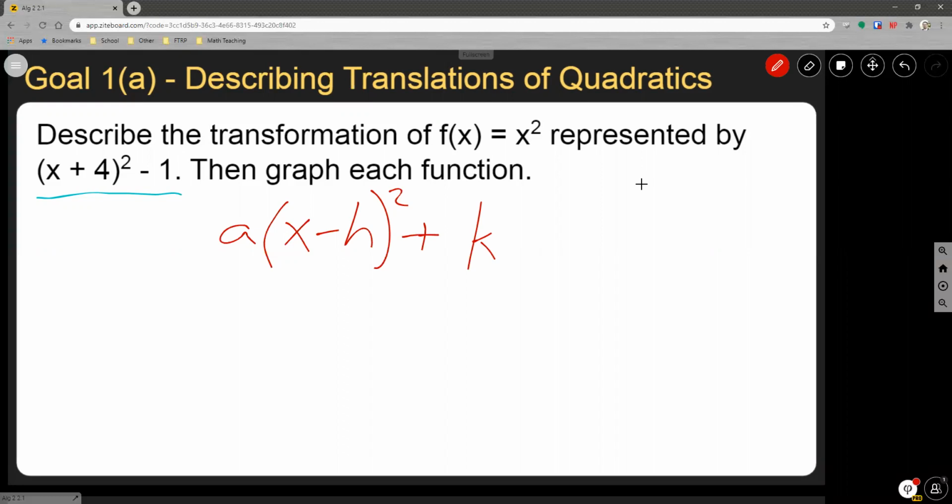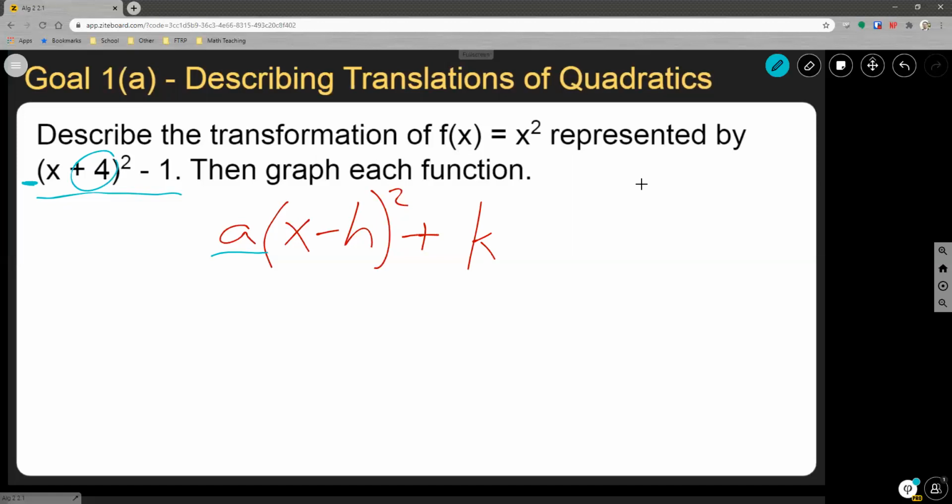So I'm basically just looking for the values in this function. A value, we're not even really talking about the a value yet, but if there were an a value other than 1, it would be out here on the left of this (x plus 4) squared minus 1. There's nothing to do there. Our next value is going to be our h value. I'm looking at this plus 4, but remember everything horizontal is backwards.